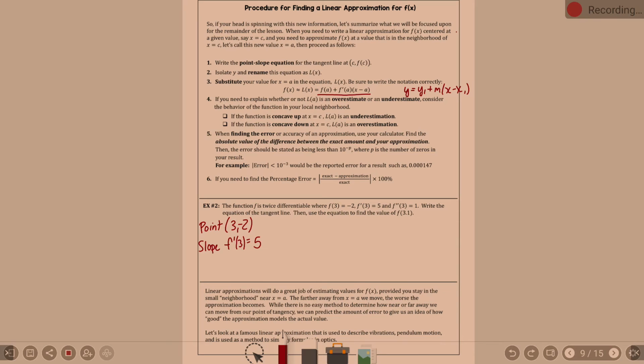f double prime of 3 equals 1. The slope of the slope. Tangent. The speed. I don't know. How about, the velocity. Acceleration. Well, it'd be acceleration. Okay, gotcha. How about, I have written down, it's extra.